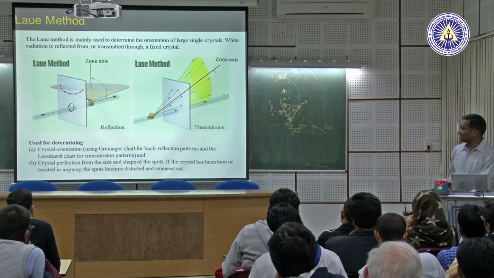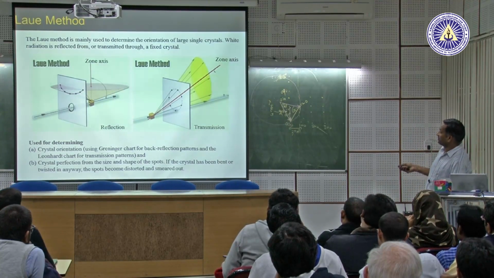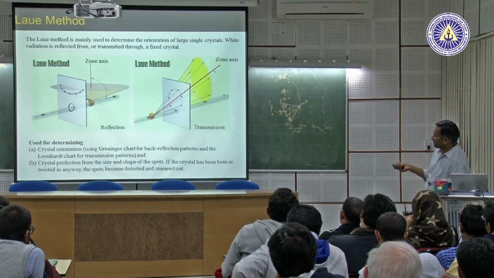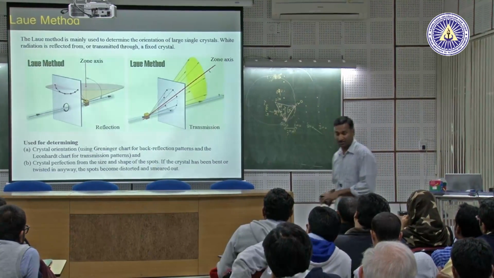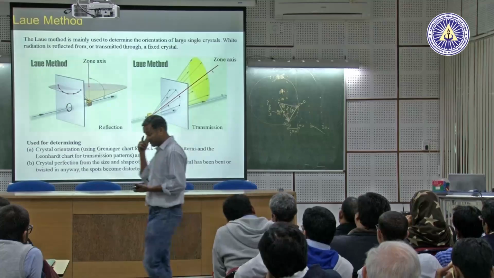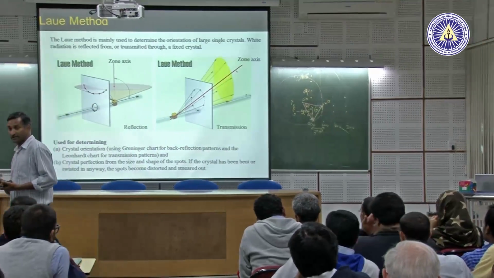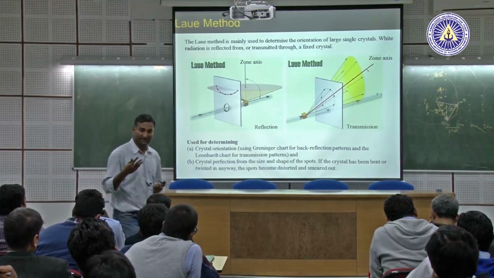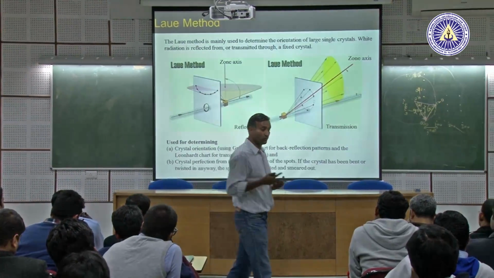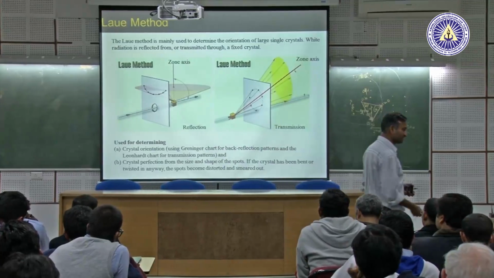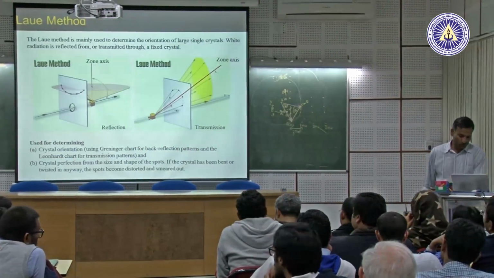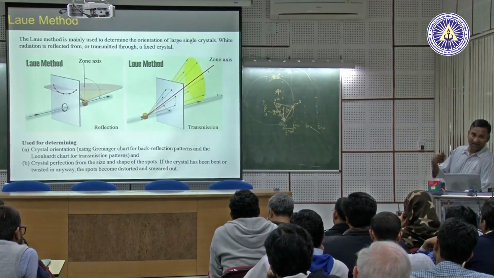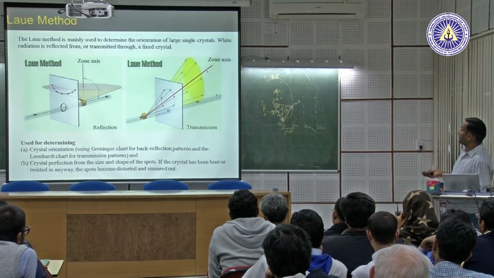Since it's multiple wavelength radiation, you can have many more peaks diffracting in the reciprocal space, because you will have many more Ewald spheres. As a result, this can be used to characterize single crystals to increase the spot density.